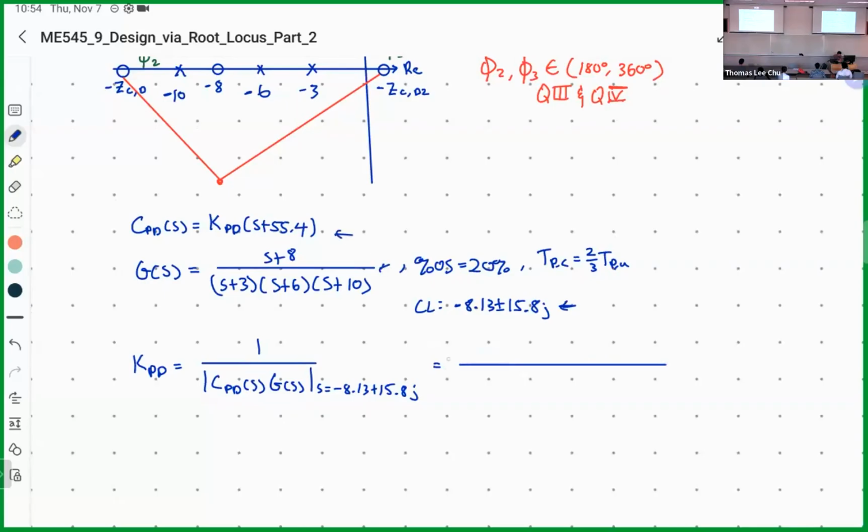So we get the absolute value of s plus 3, s plus 6, s plus 10 divided by s plus 8 times s plus 55.4 and evaluated at this point.